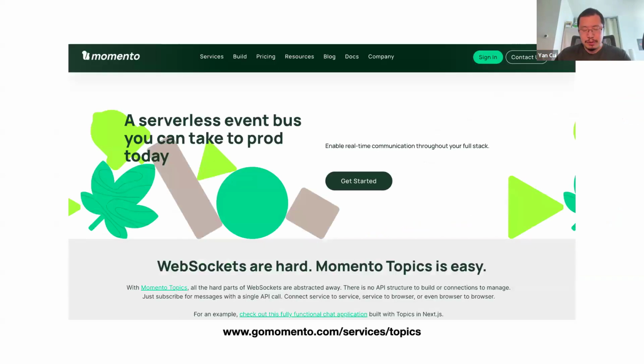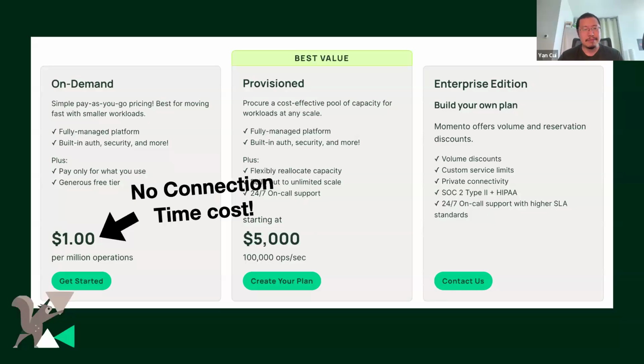Again, I want to give a shout out to Momento, because they also have topics, which is think SNS topics, but then they can send you updates through WebSockets to the front end, so it's really easy to do back end to front end notifications. And the nice thing about them is that they don't charge you for connection time; they only charge you for the messages or the operations.